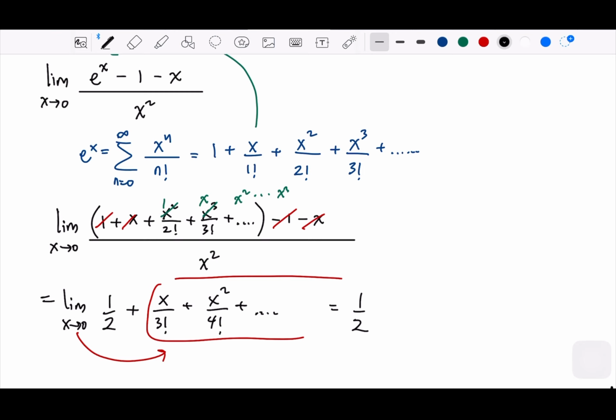Yeah. I think you can do L'Hopital's rule, right? So yeah, you have options. Or if the question is asking directly to use series, then this is the way.